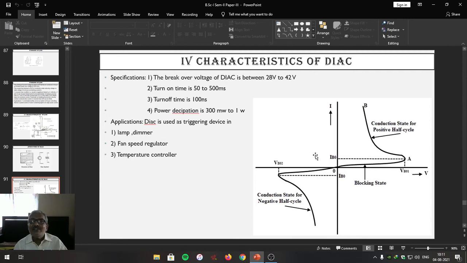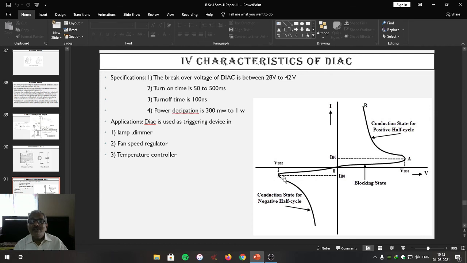But when polarities of the biasing are reversed, means when MT1 is made negative and MT2 is positive, then similar action takes place, only the working layers are different, and those layers are P2, N2, P1, N3.